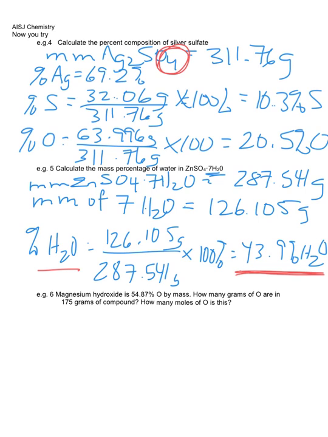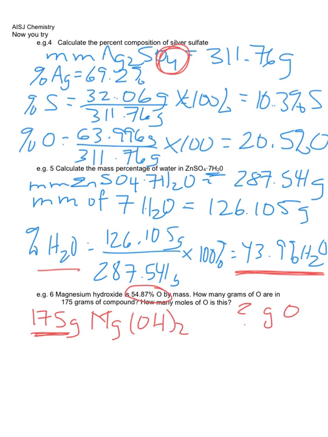Okay, so we know that we have 175 grams of magnesium hydroxide, and that 54.87% of it is oxygen. And we need to figure out how many grams of oxygen are in this 175 grams of magnesium hydroxide, and then how many moles of oxygen that's equal to.